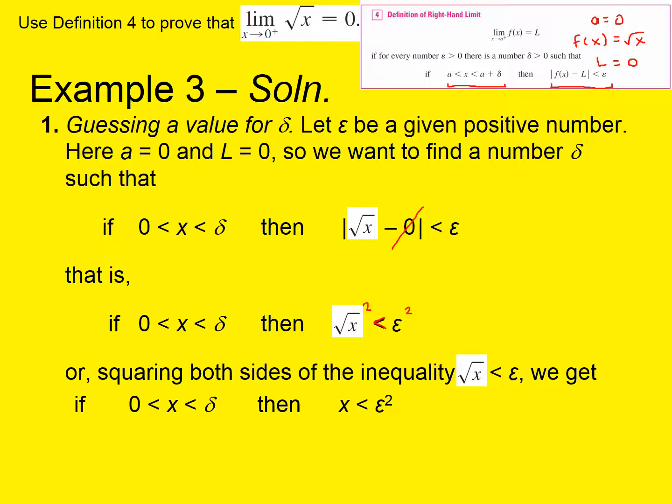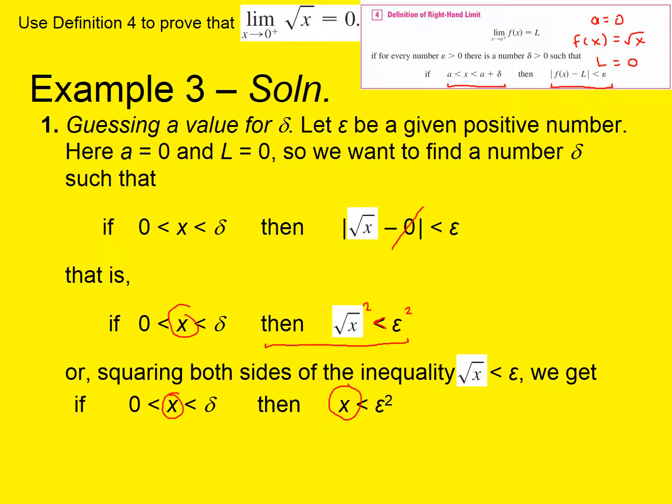Okay, so now we have to find a delta so that if positive x less than delta, then just x less than epsilon squared. And so what we've achieved here is writing the then clause, the epsilon clause, involving an x, so now that we've been able to rewrite it that way, the delta we'll be able to find.